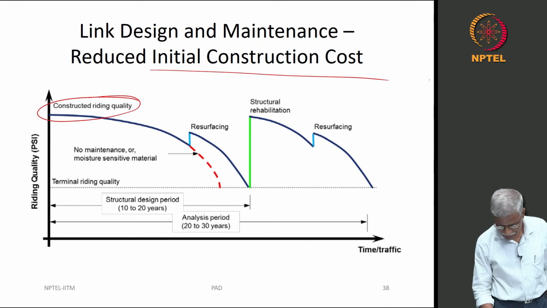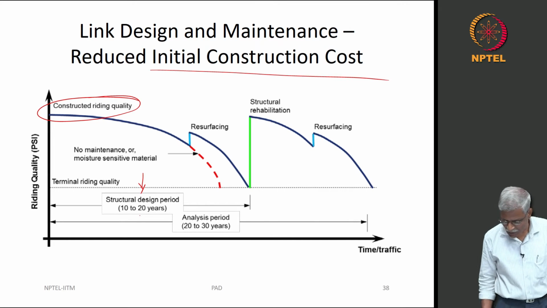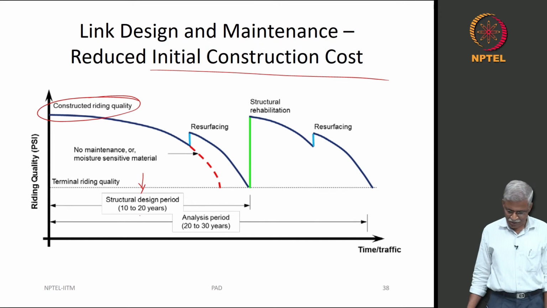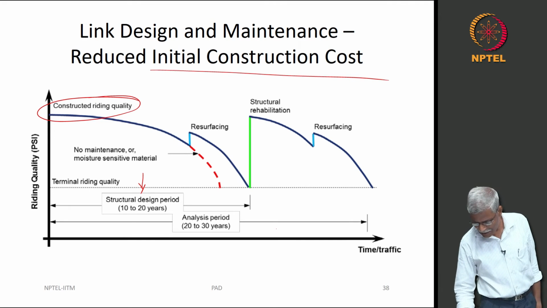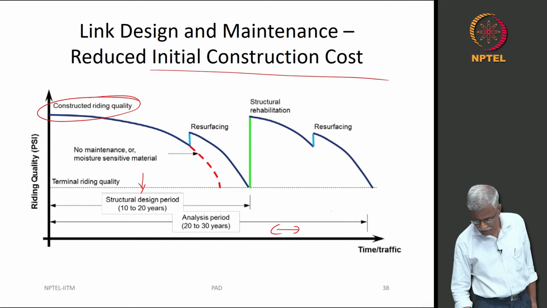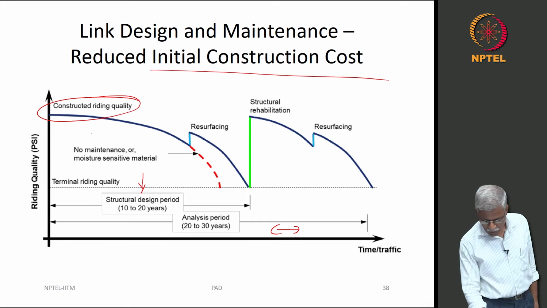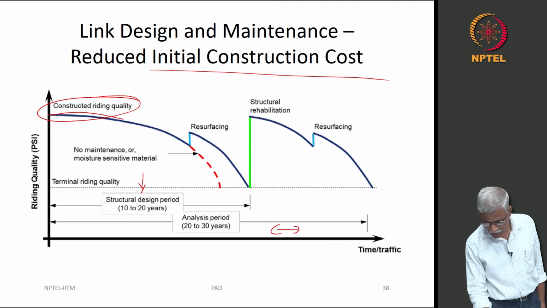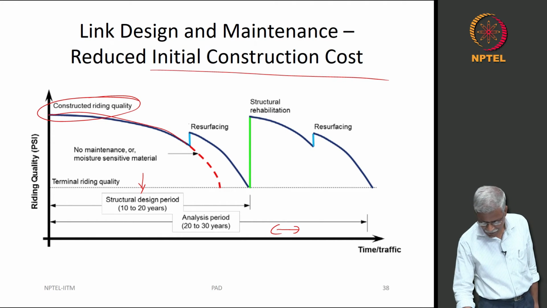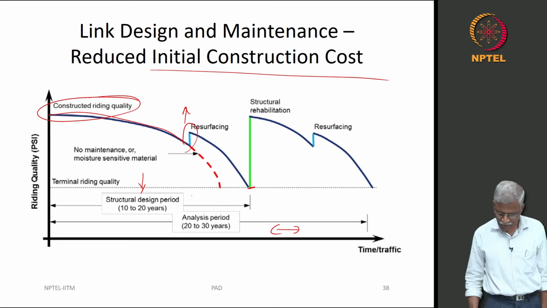So this is the whole thing. Now take a look at it. The structural design period is, let us say, 10 years or 20 years, and this is your analysis period, 20 to 30 years. So you are talking in terms of the PSI reducing, and then you get a trigger, a small resurfacing you do, then the quality increases, and when it comes to this particular part, this is your terminal riding quality.